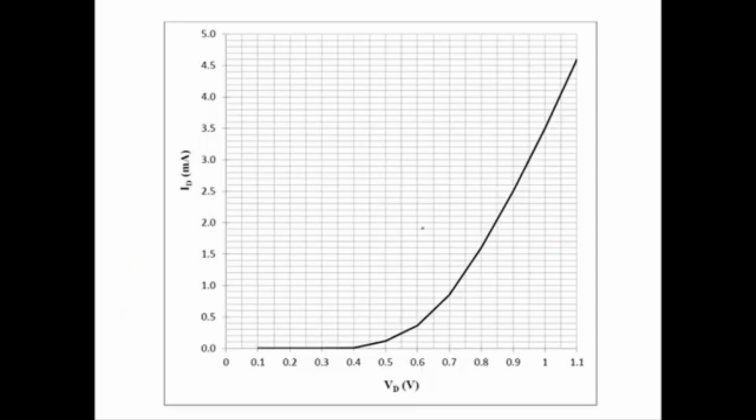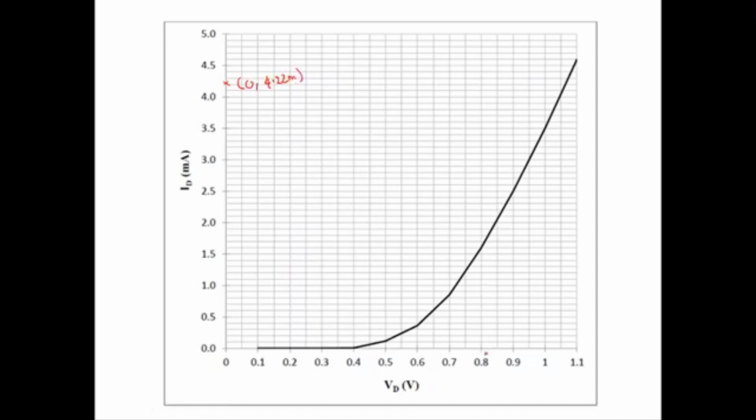So the first point is when VD is 0, the current is 4.22. So 4.22, this is 4.1, this is 4.2, so it should be around here. This is the point where VD is 0 and this is 4.22 milli.